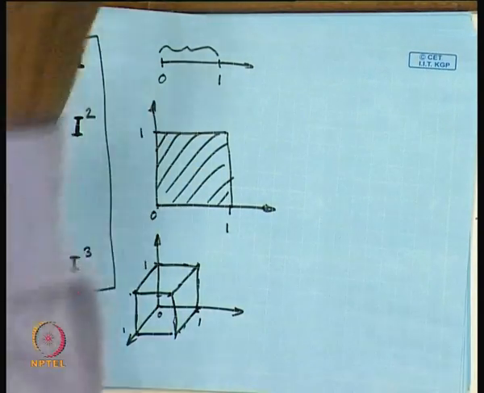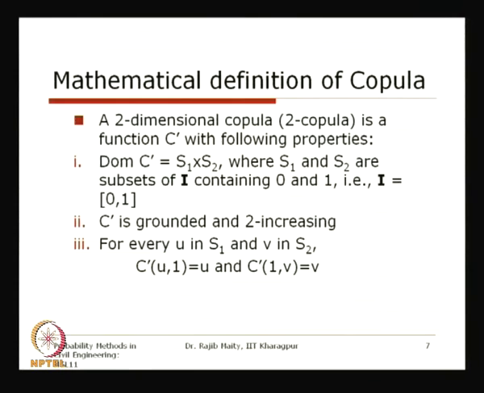So when we talk about the domain of this C, it is a subset of this I containing 0 to 1. This is the domain of this function, which means the copula.